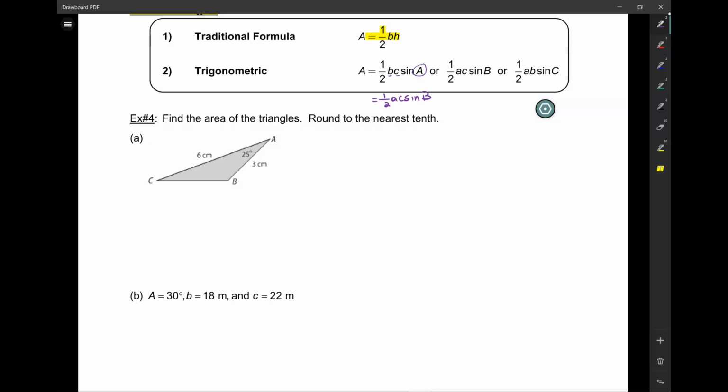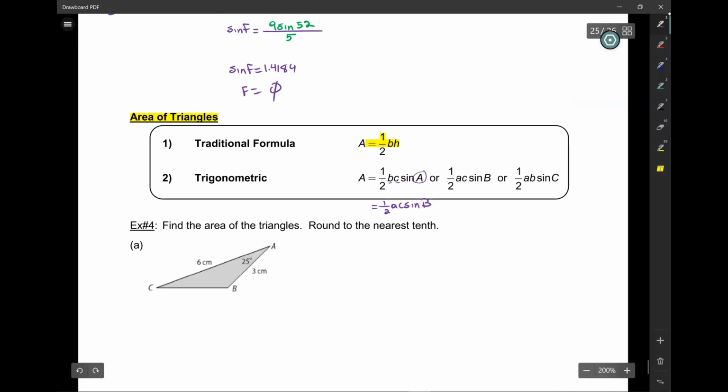Okay? Now, let me show you a little trick to figuring this out. So suppose you have A, B, C, little a, little b, little c. So look at this first one. It's half times b times c, right?